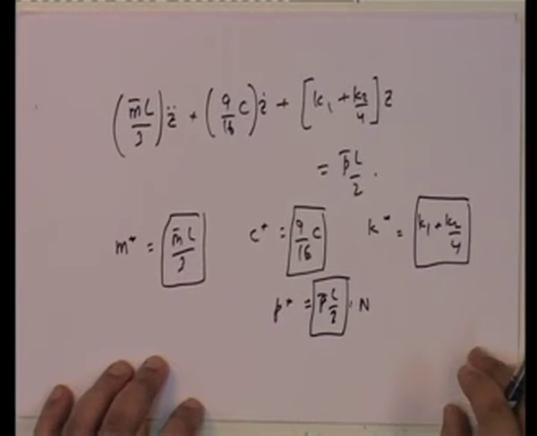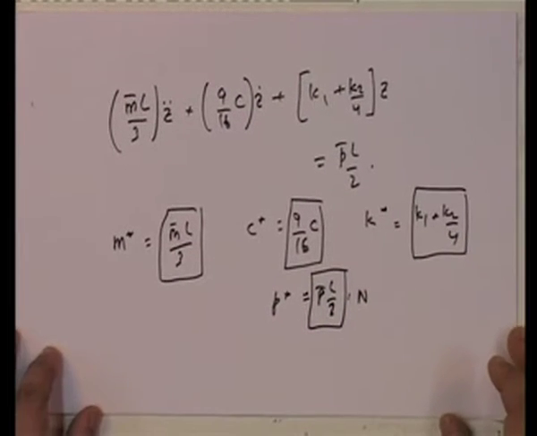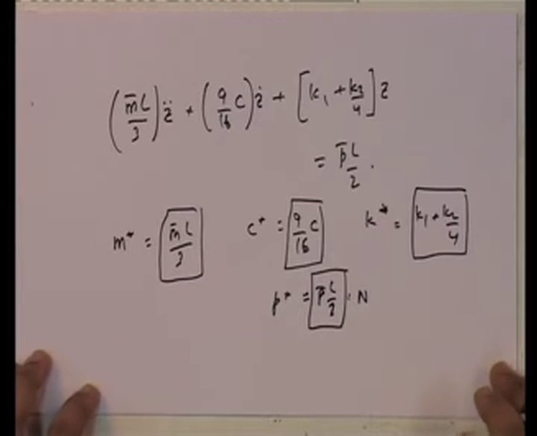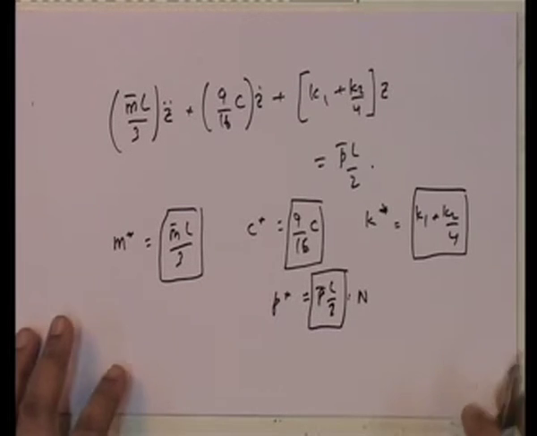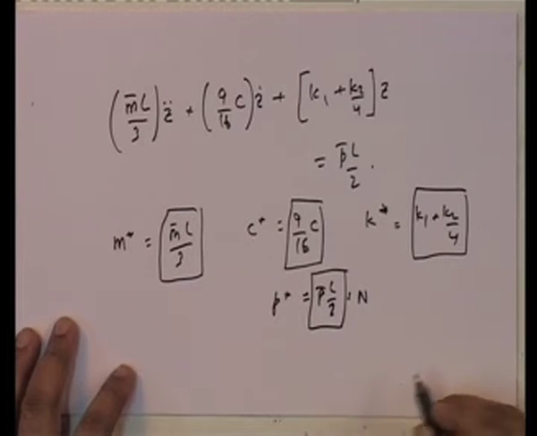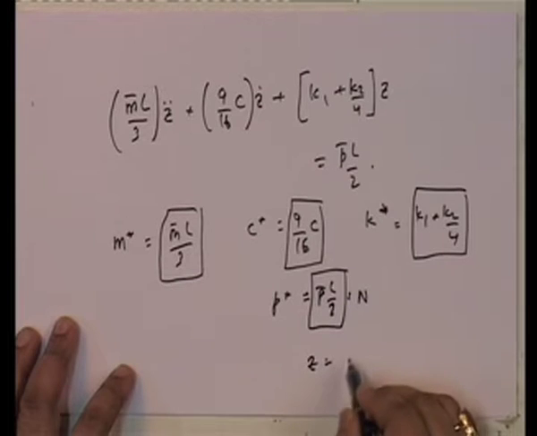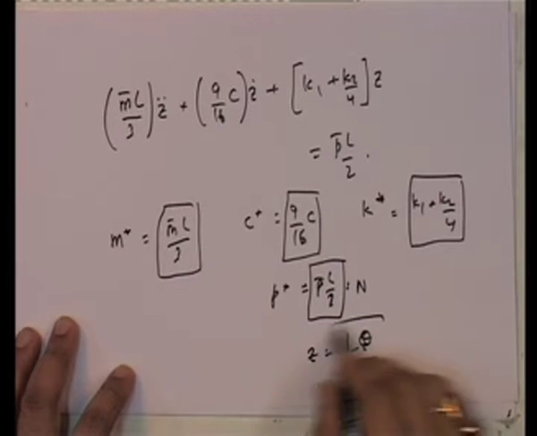Now, I do not want to go into it, but you will see that if I look at the equations, they look identical if you were to use theta or z, just the fact that z is equal to L theta.